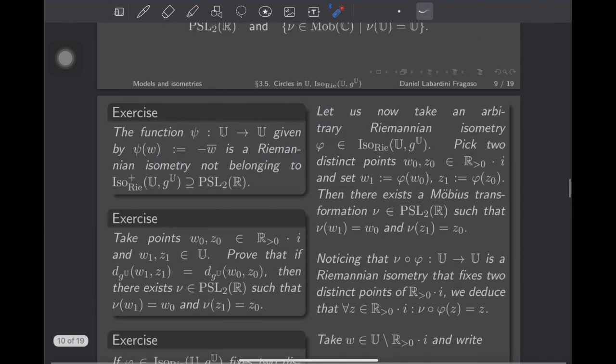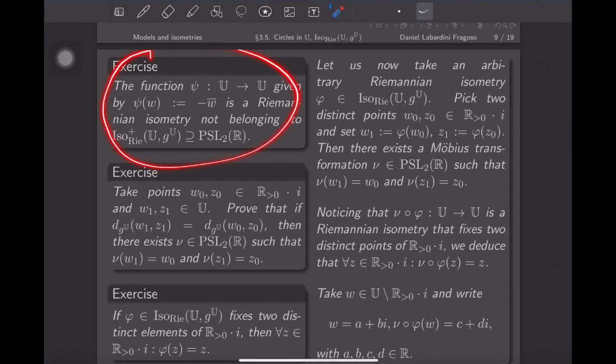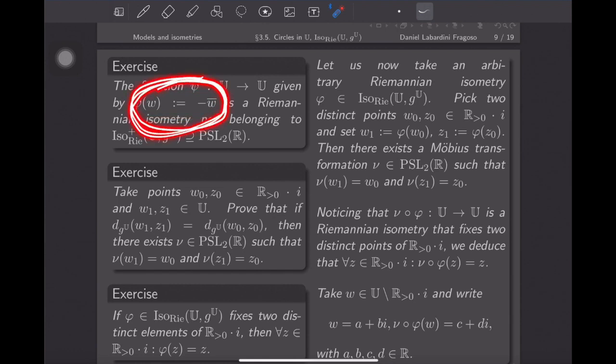And you see, in this exercise, when I say not belonging to this one, what I mean is that this one, which by the way is actually an Euclidean reflection along the imaginary axis, is a Riemannian isometry, but the derivative always has negative determinant. That's what I mean.